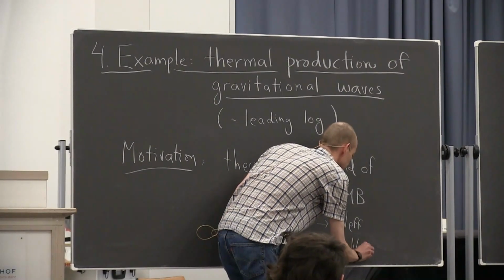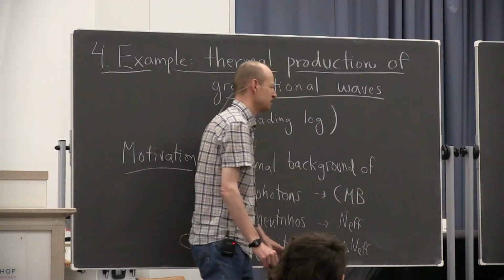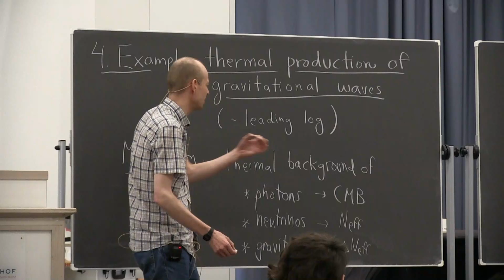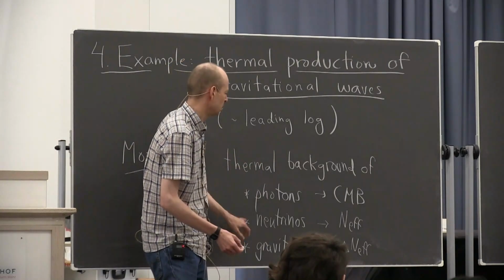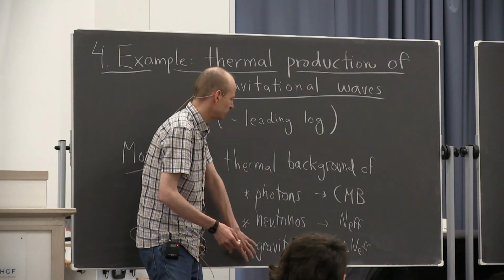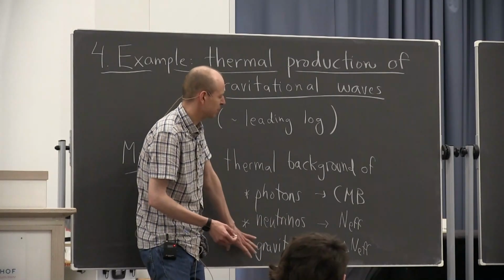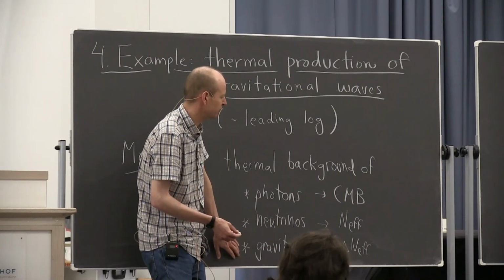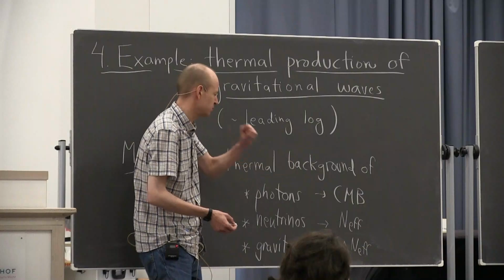And if we are able to measure N effective precisely enough, then from the result we can also deduce if there's something apart from the neutrinos in the early universe at that time. So that's one reason: in principle, if there are gravitational waves, gravitons, a thermal background of them could be measurable.